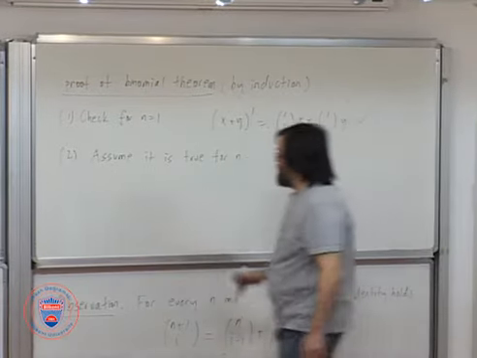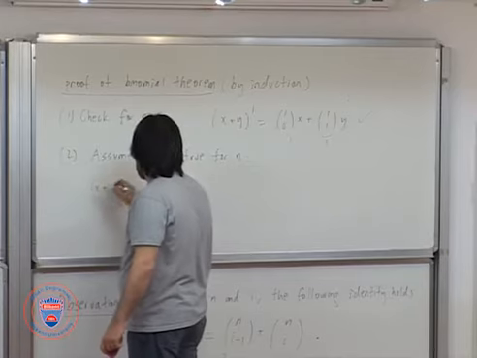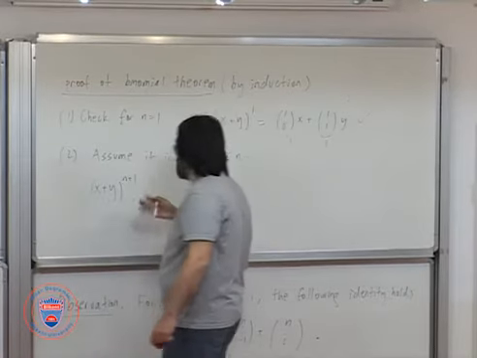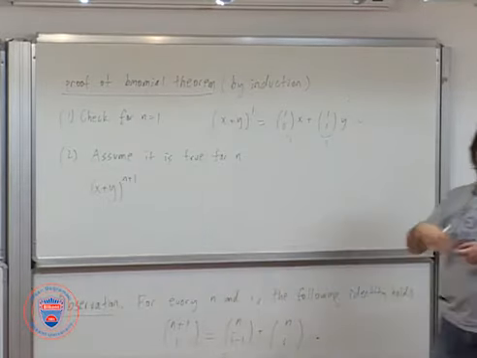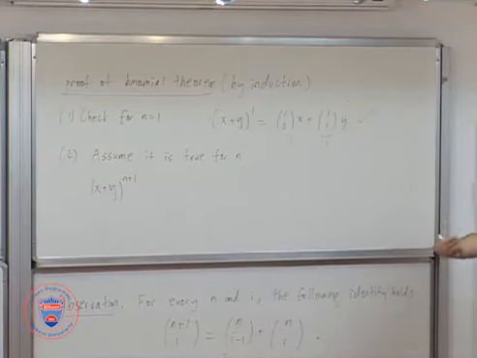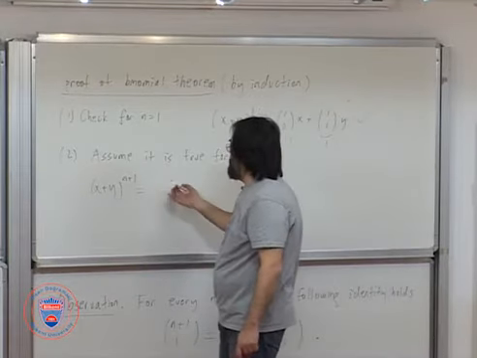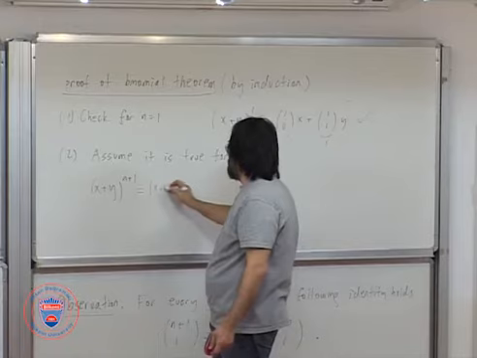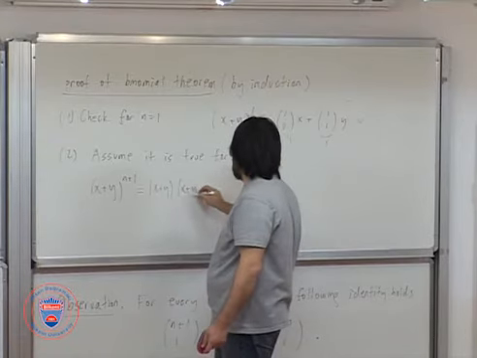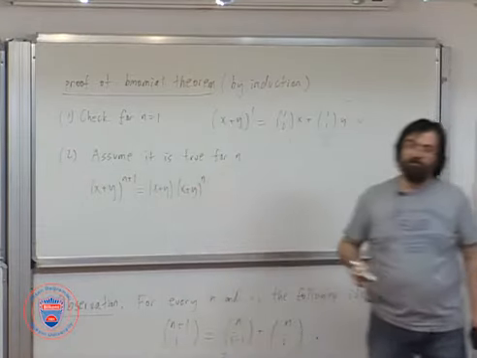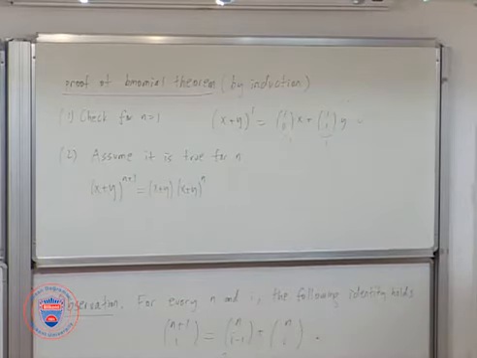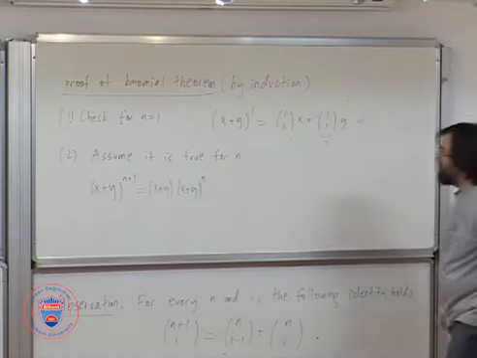What should I do to prove it for the next one? For this kind of proof, we always start with n plus 1 and try to get a formula for it, right? So for n plus 1, I have this. And the clever thing to do will be to write it like this, because then the n power, I can use the binomial theorem.